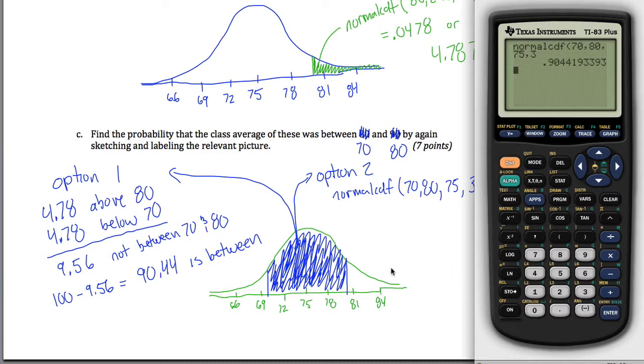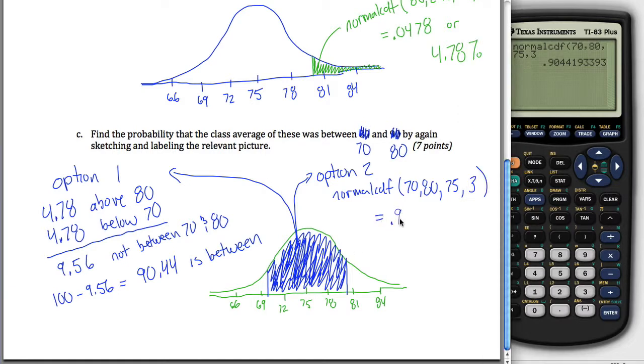And what I end up getting is 90.44, same thing I got before. I guess I should make these all percentages. So two different ways you could answer that problem. Either way, you get the same picture, and you figure out that the probability is 90.44%. So that's the end of this quiz.